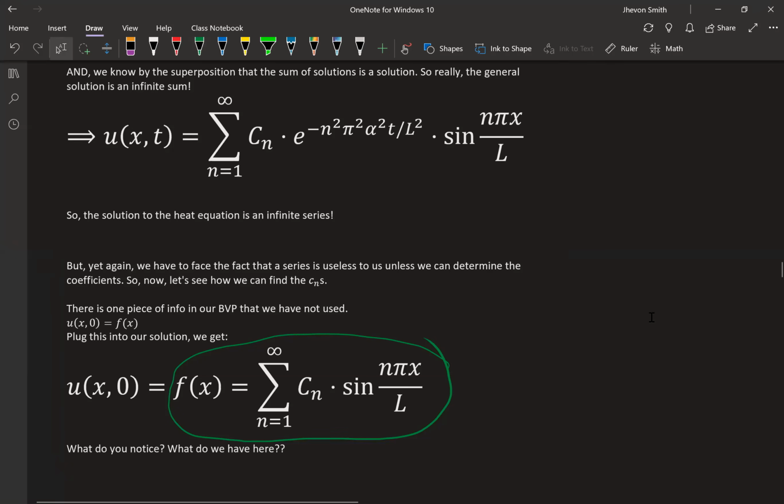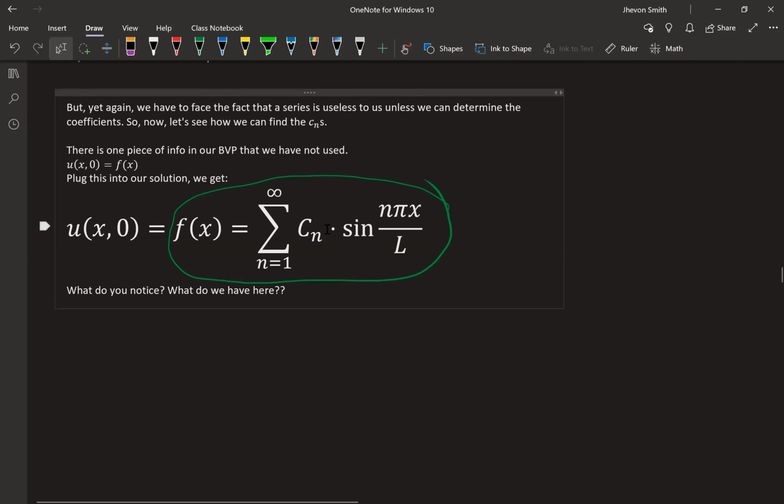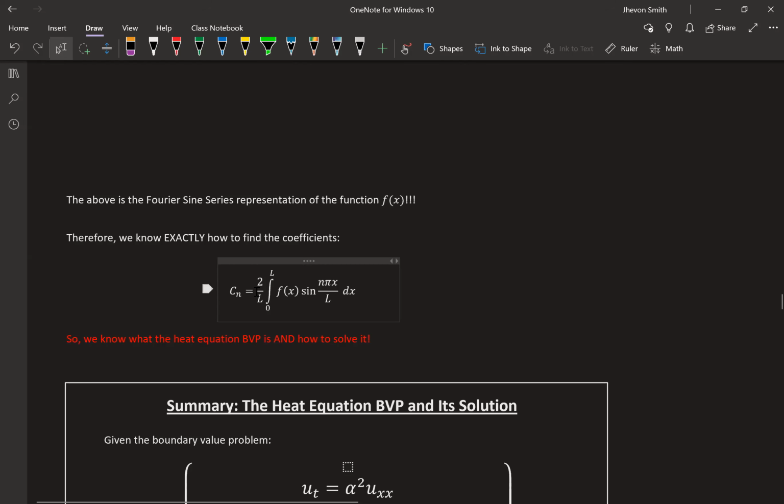Wow, that is amazing. And in fact, I do know exactly how to find the Cn's because I know how to find the coefficients for a Fourier sine series. So my coefficients are given by that.